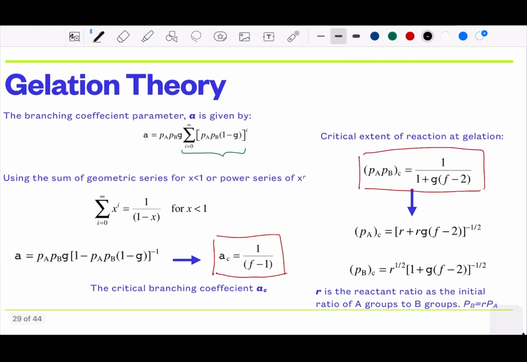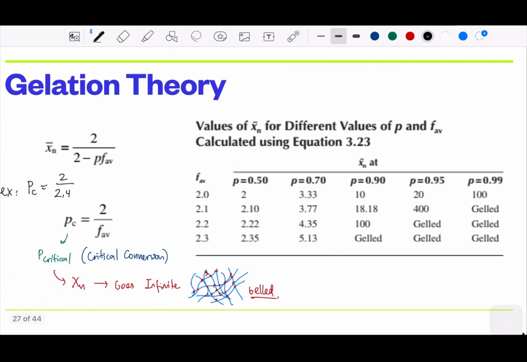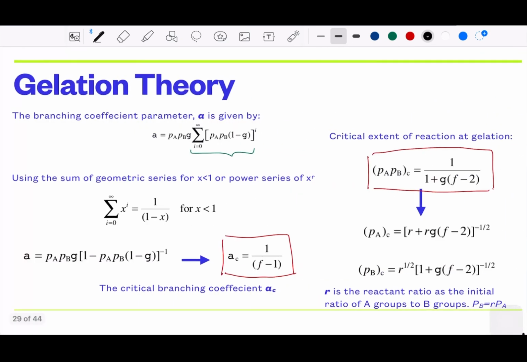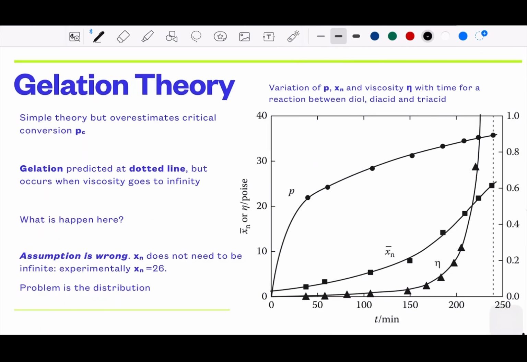Now back to this part here, the table. So what are the assumptions? This table is the reaction between diol, diacid, and triacid. We have a variation in P, the conversion, Xn, the degree of polymerization, and the viscosity.